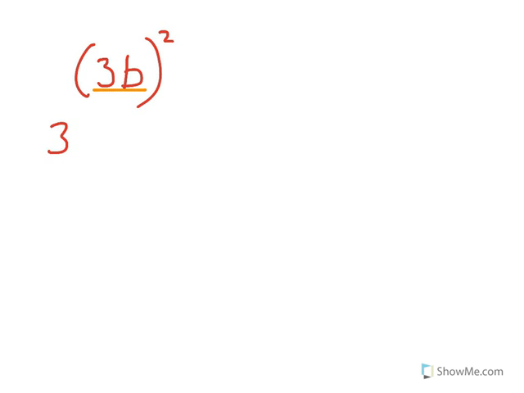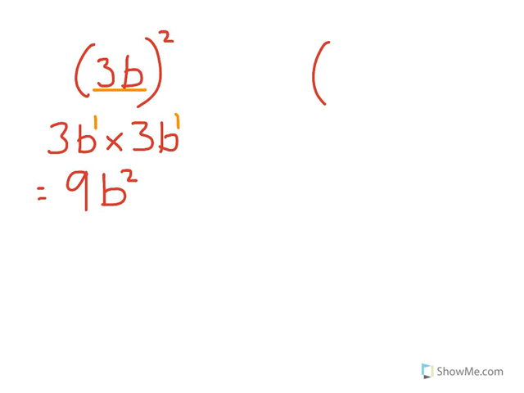So I'm going to write 3b, and we need to times that by itself, so I'm writing it twice. 3b times 3b. Now that would give you, following our rules, 3 times 3 is 9, and b to the power of 2. Don't forget you've actually got a 1 here and a 1 here. Add those together, 9b squared.